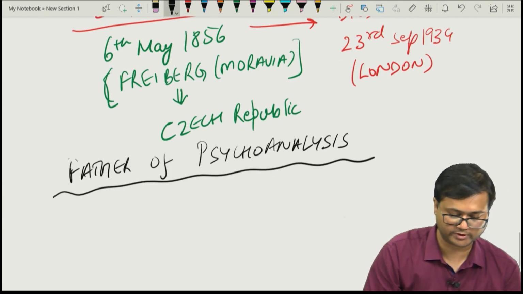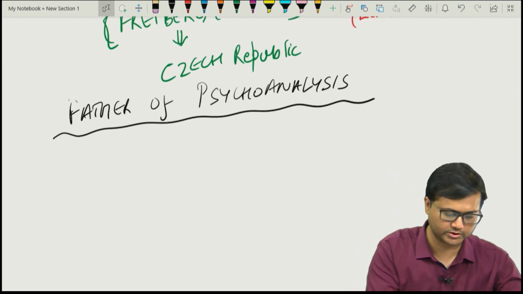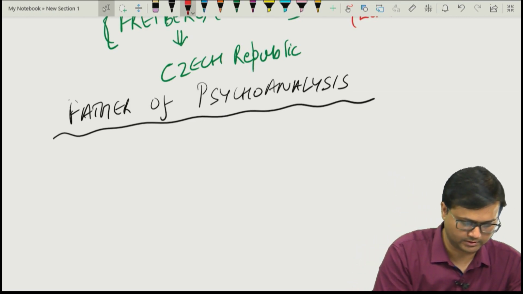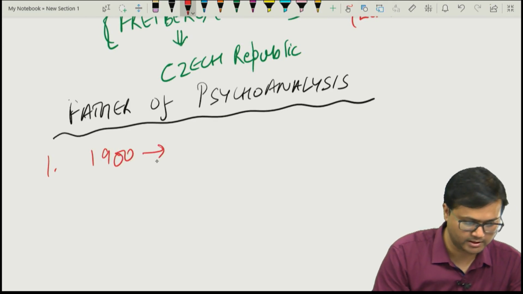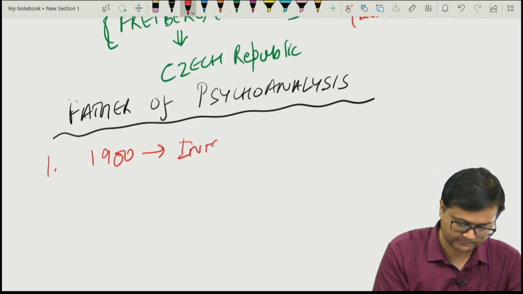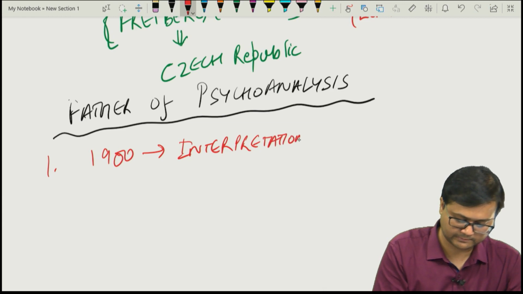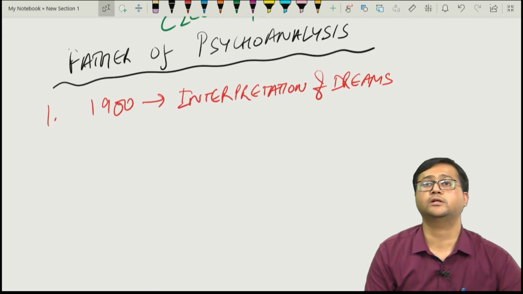Now, some of the important theories given by Sigmund Freud include: first, in 1900, in his book The Interpretation of Dreams, he gave the topographical model of the mind.